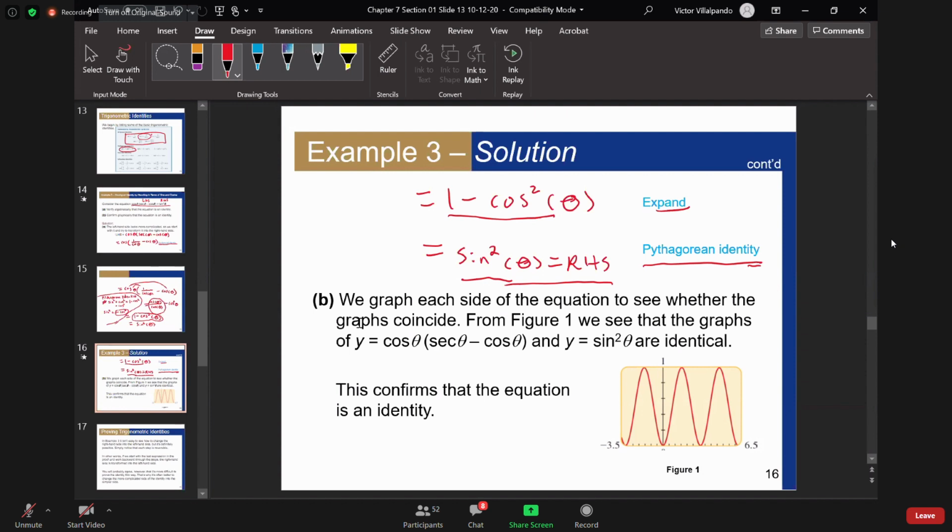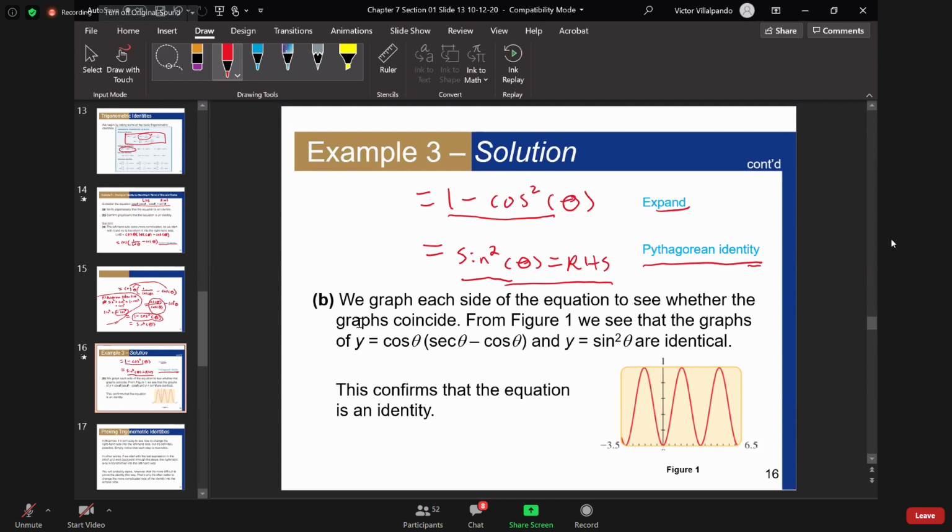So that would be an identity. So it says we graph each side of the equation to see whether the graphs coincide or overlap, perfectly overlap. From the picture below, they say the graphs happen to coincide. So they say they're an identity. It confirms that it's an identity.